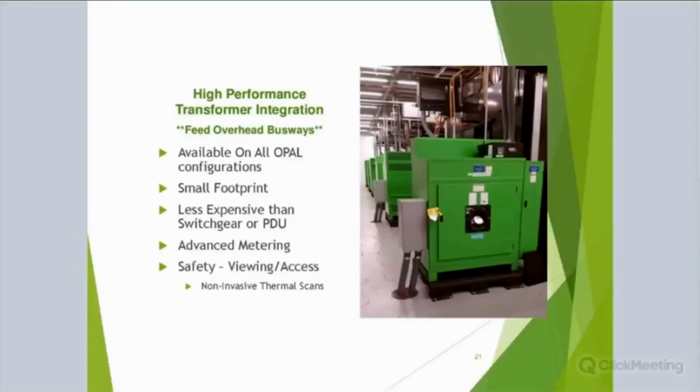High performance transformer integration. All we're talking about here is you could have, again, transformers that may feed a panel board and or may also feed another piece of equipment, as in overhead busway or a specific load, and the breakers, primary or secondary, can do it, but also have transformers that are multi-tapped.